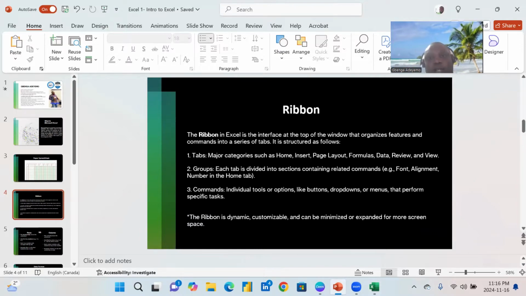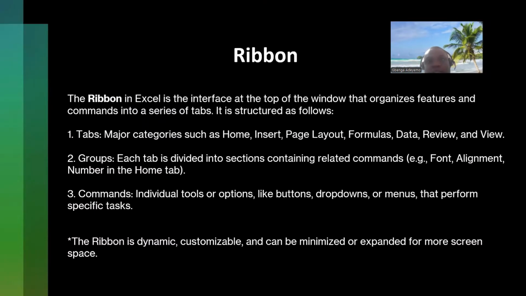Now, in summary, a ribbon is dynamic, is customizable, and it can be minimized or expanded for more screen space. That is, you can customize your ribbon the way you want it, the kind of groupings and commands you want to appear under each of the different tabs. So that is something interesting to know.